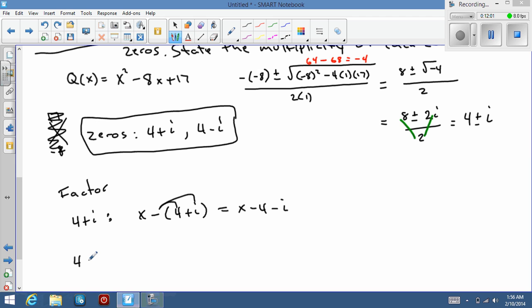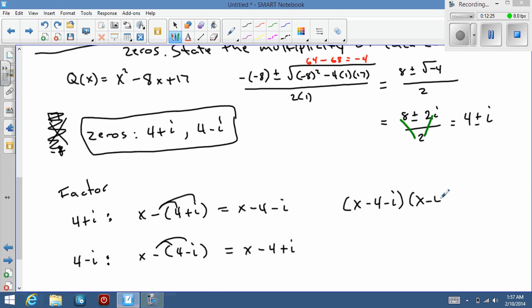When I do 4 minus i, again, I'm going to subtract, so minus the 4 minus i, and I'm going to distribute. So these are my two factors. I would write that as x minus 4 minus i and x minus 4 plus i. And those are the factors.